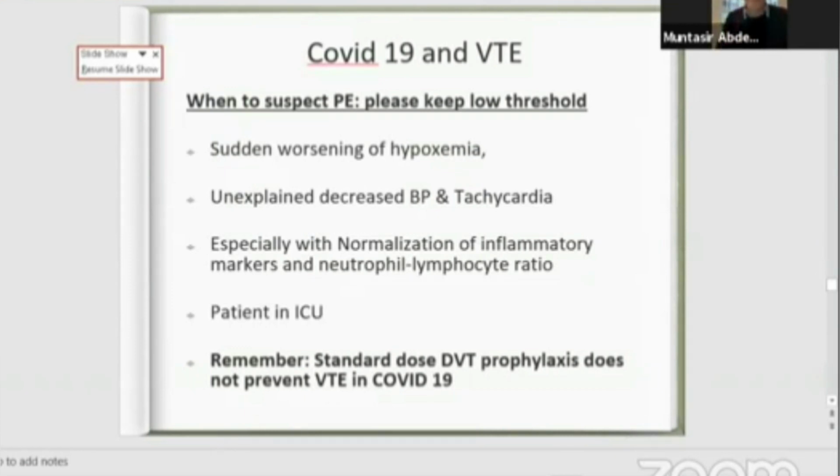And you have to remember, even if the patient had been on prophylactic low molecular weight heparin, they can still develop pulmonary embolism. So COVID-19 is a very high risk factor for pulmonary embolism. Can I have the next slide, please?